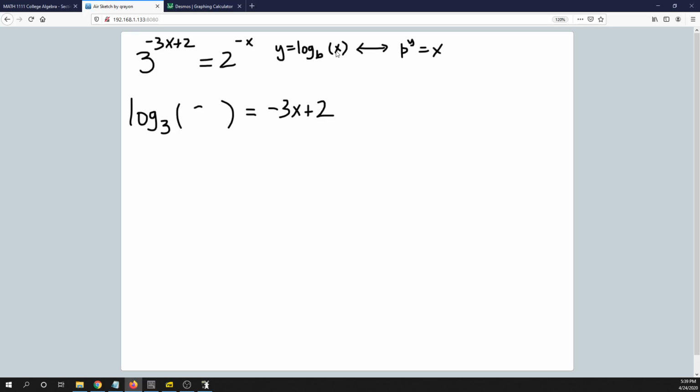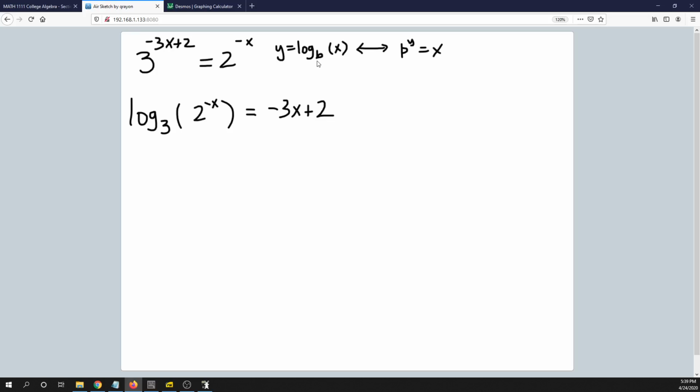That's kind of confusing in this one because it in and of itself is an exponential function. That makes this problem more difficult than the other ones that we've done because we have two really different bases there. But you can see I'm just following this pattern. This was my b, this was the y, and this whole side was the x. So I just flipped it right on over.